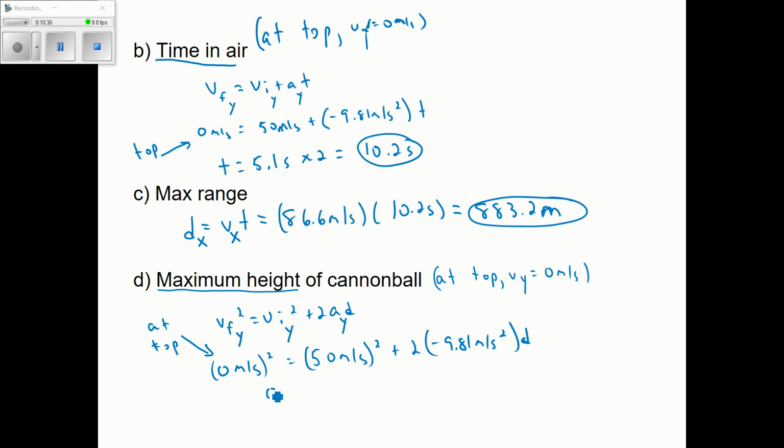So if we do this and solve, and make sure you do your algebra right, you get 127.4 meters up.